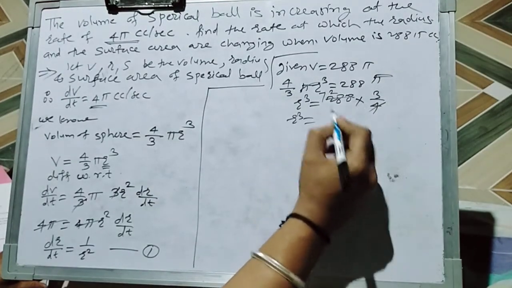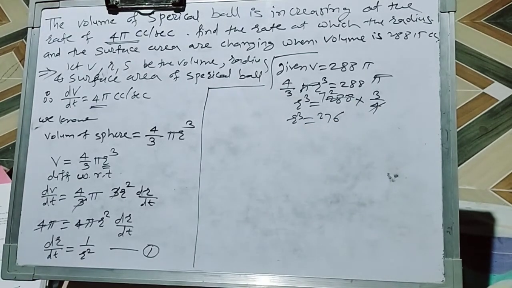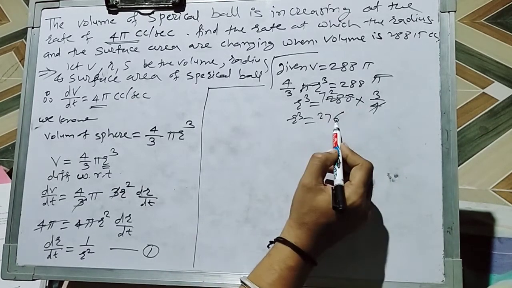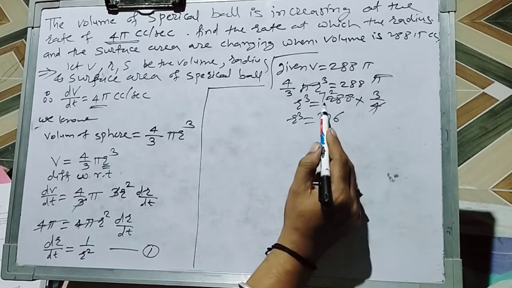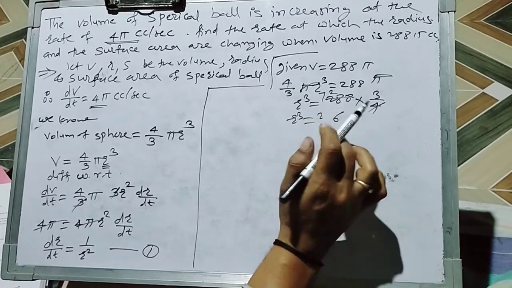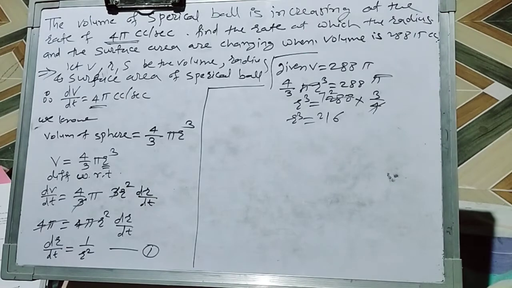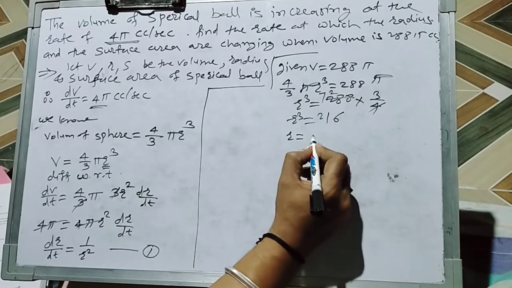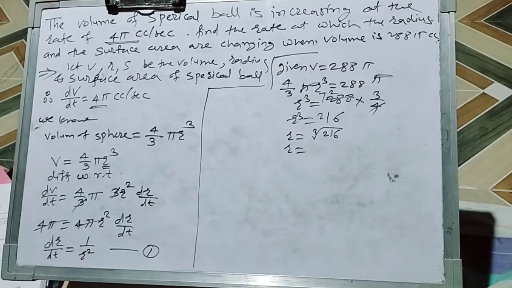So r cube is equal to 216. So therefore r is equal to cube root of 216. So r is equal to 6.